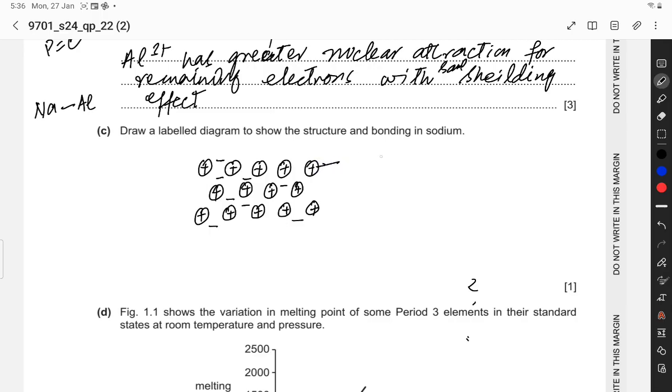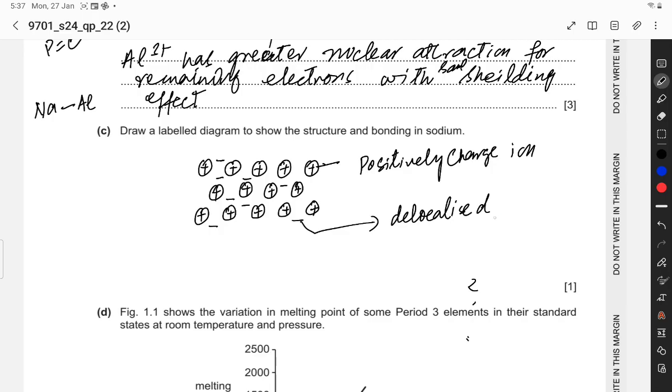This is a positively charged ion, and this is a delocalized valence shell electron. You know, metallic bond is the electrostatic force of attraction between positively charged ions and delocalized valence shell electrons.